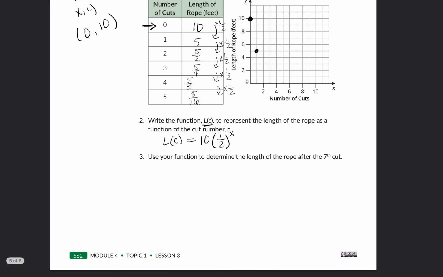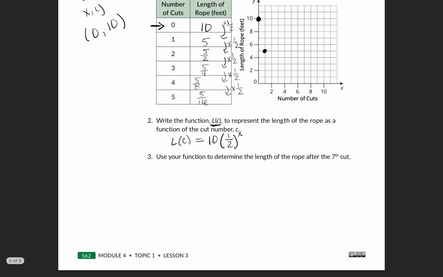It's a decay. Now, you're going to answer number 3. The way you can do that is you are going to use your calculator and substitute. Again, this is 1/2. It wants to know for the 7th cut. That means x equals 7. So you're going to substitute that in your equation.